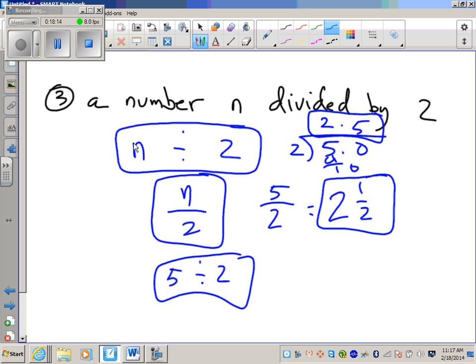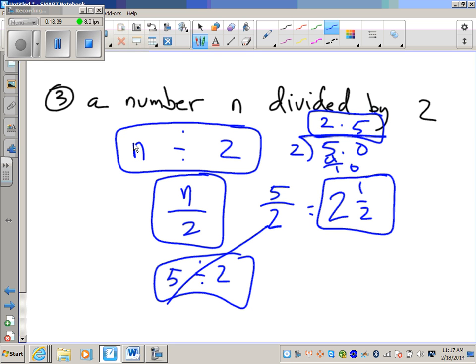No. Why? Doesn't have the variable. Not very algebraic if it doesn't have a variable. Then it looks like any problem you did in 3rd grade. Right? So you need a variable in your expression for your first point.